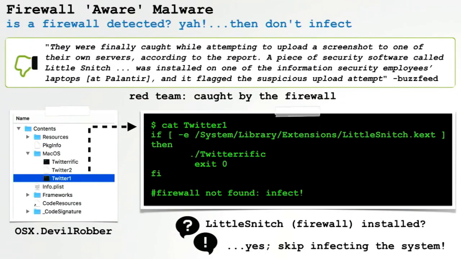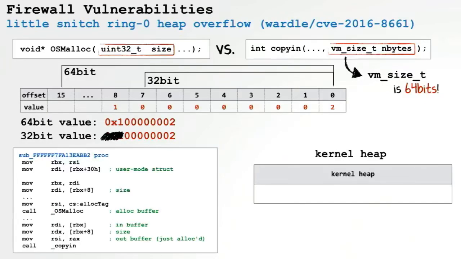Here is a snippet of code from one of its install scripts, and we can see it's checking for the presence of Little Snitch, which is a popular third-party firewall. If it finds that extension, instead of infecting the system persistently, it just executes a benign version of the application it infected and then exits. So the author of this malware basically said, hey, I don't want to be detected, so if there's a firewall, I'm just going to bail.